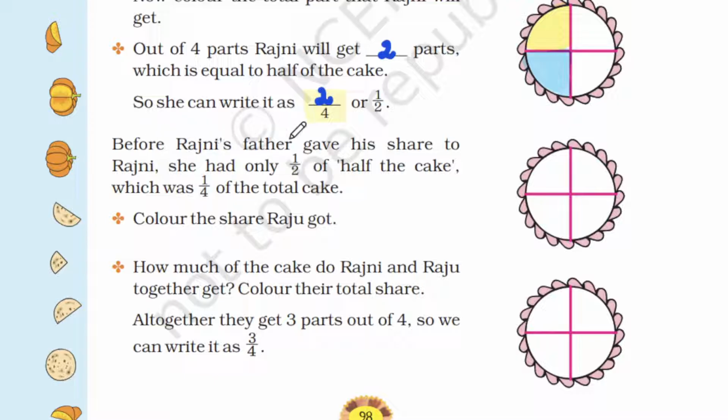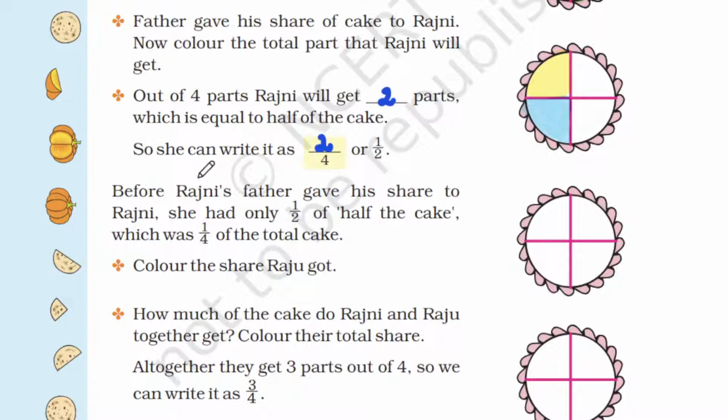Okay, now next. Before Ranjini's father gave his share to Ranjini, she had only half of the cake, which was 1 by 4 of the total. Color the share Raju got. So what happened? Before Ranjini's father gave his share to Ranjini, she had only 1 by 2 of half of the cake.